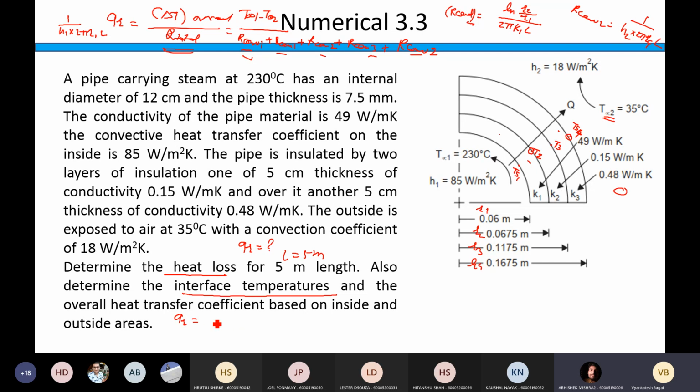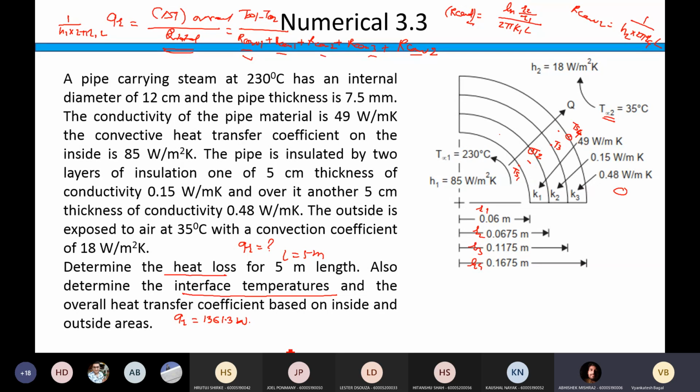Sir, I am getting 1.36 kilowatt. Tell me in what? 1361.35. Right, sir?